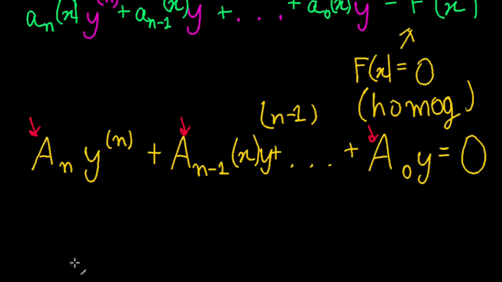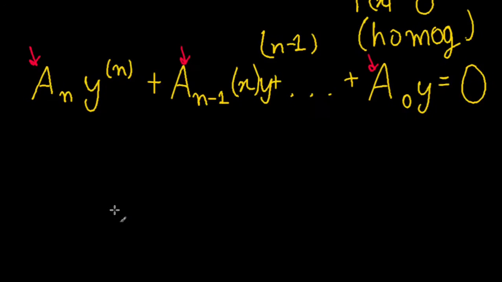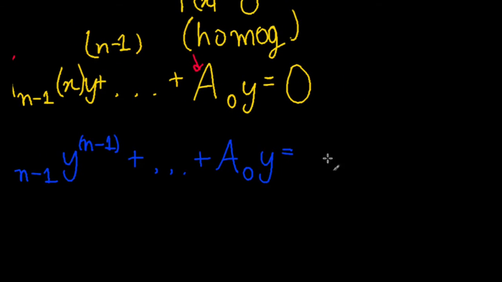Suppose we had a non-homogeneous differential equation with all the same coefficients, except that on the right side, since this is non-homogeneous, it's going to be some function of x.